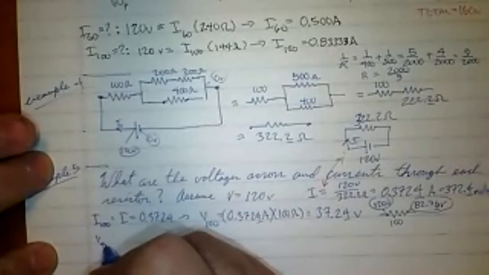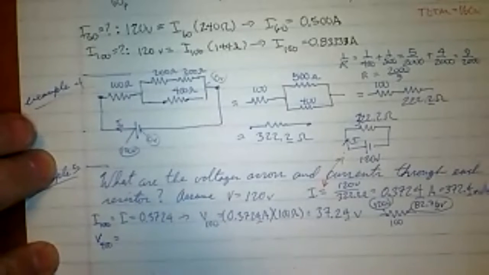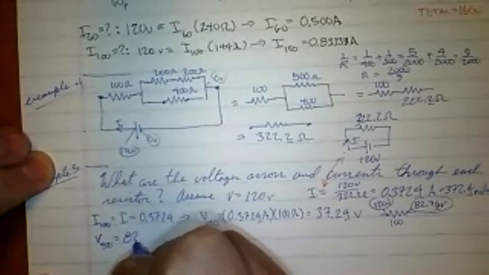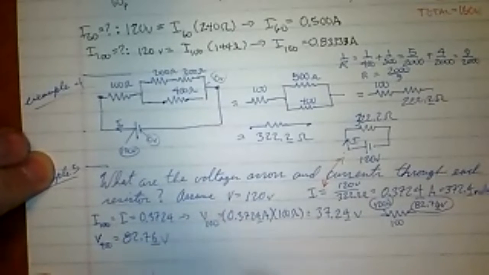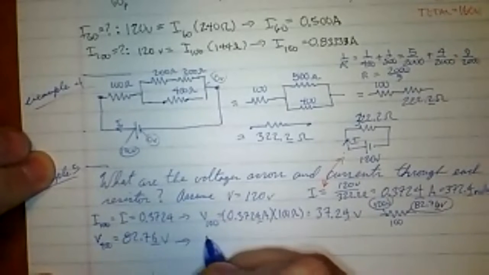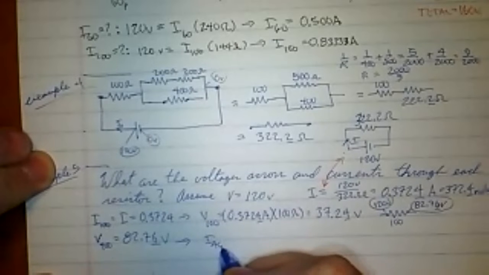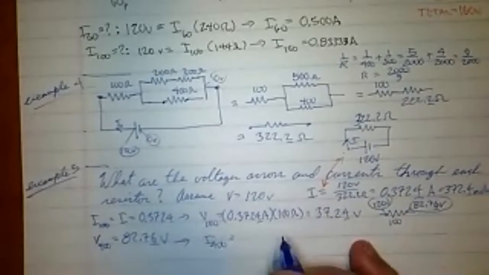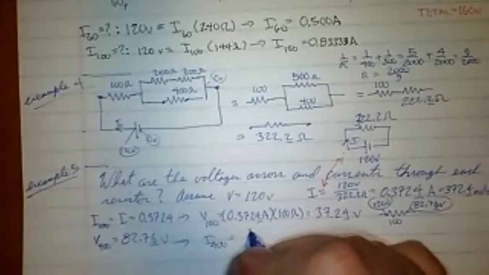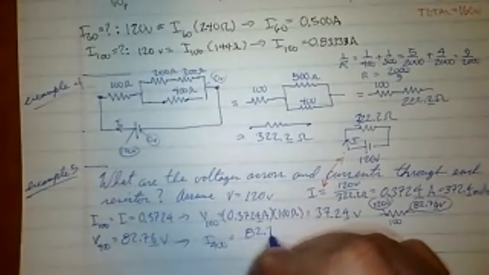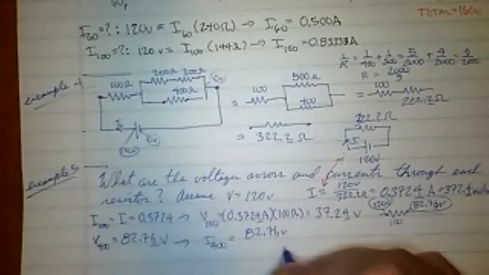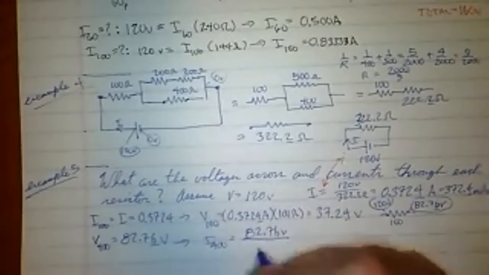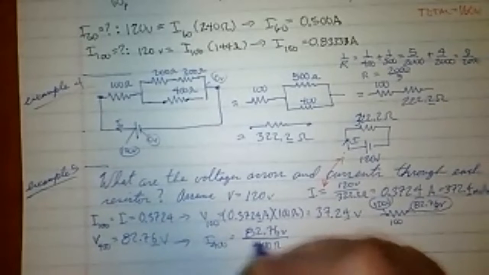So V400 is equal to 82.76 volts. That means I400 is just going to be equal to 82.76 volts over 400 ohms.